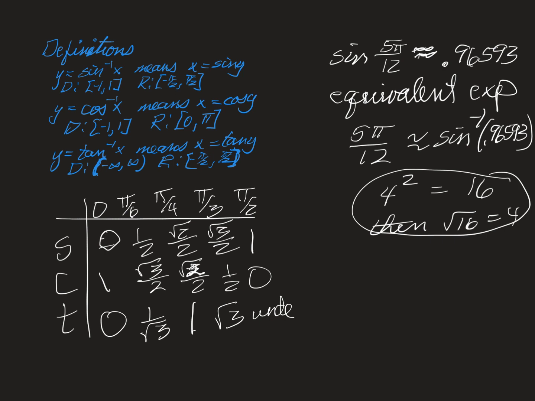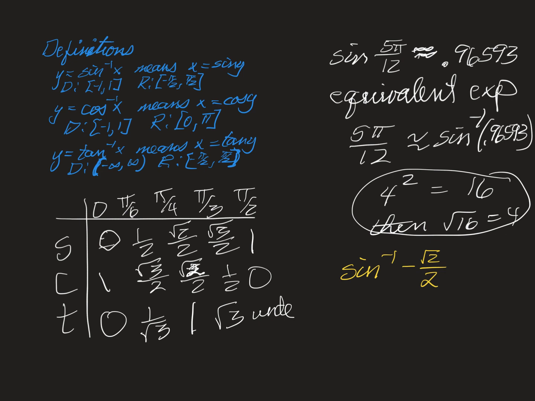Okay, so if we have this table, which is just the first quadrant, this can really help us. So here's an example of an expression. Suppose I want the inverse sine of negative square root of 2 over 2.